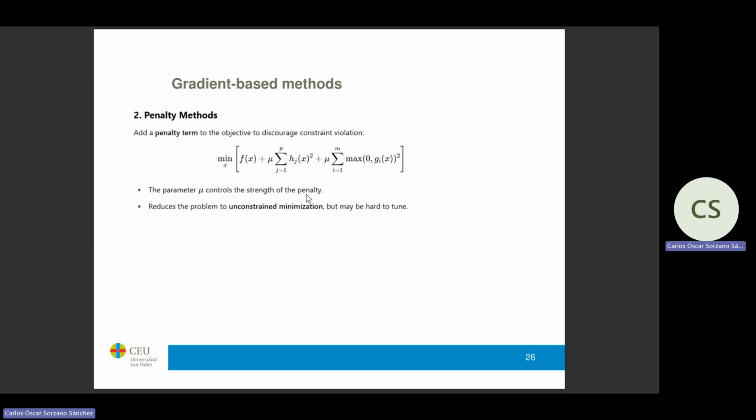How should we set the strength of the penalty so that it doesn't freeze at the beginning of the minimization? Sometimes if you put it too high, it doesn't know in which direction to move because the whole landscape seems very high, very flat, and it doesn't know where to go.